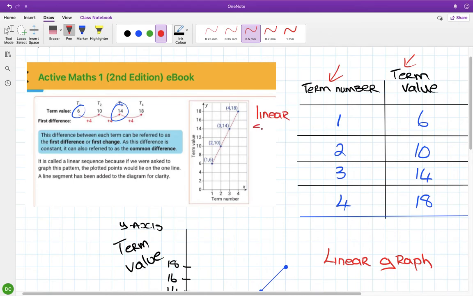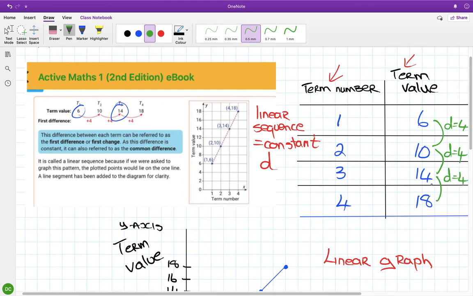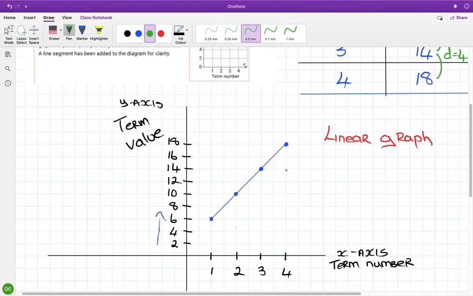Because it should have a constant d, which is your first difference. If I look over here, d is 4 here, d is 4 here, d is 4. So it's constant, as in it's unchanging, 4, 4, 4, 4. That makes it linear.